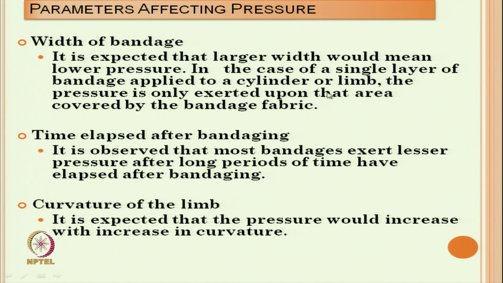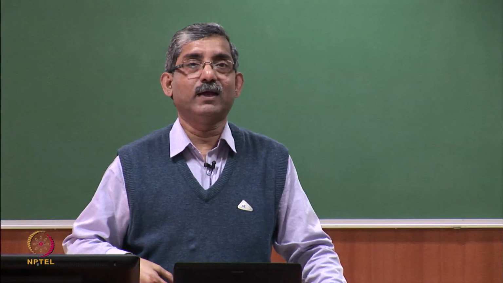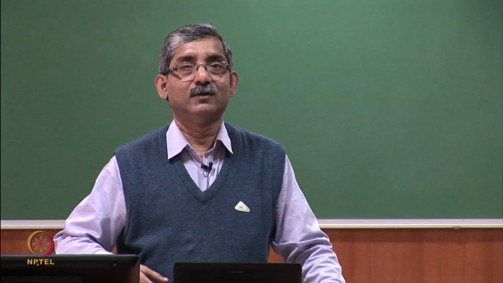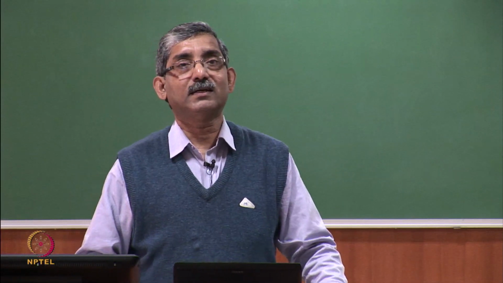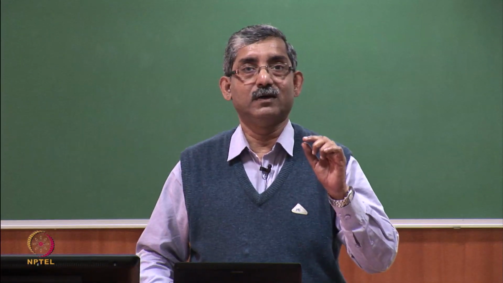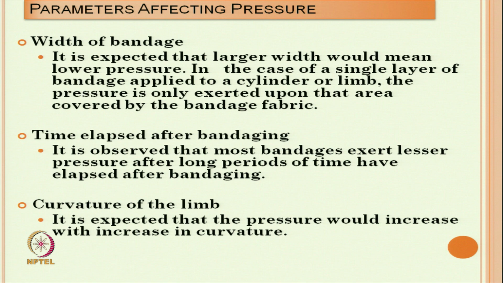So, if we increase the area, then the compression force will reduce. So, that is why it has been observed that if we apply a wider belt, that will exert less compression pressure than in the case of a narrow width belt.